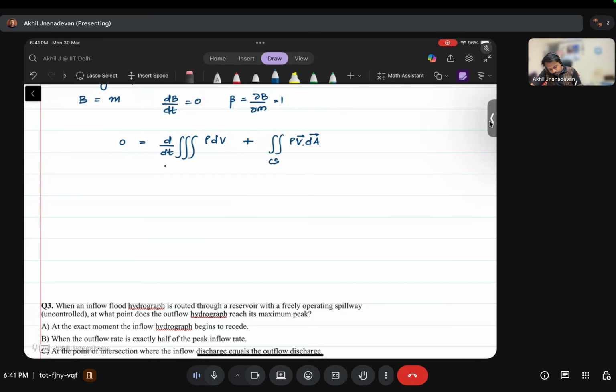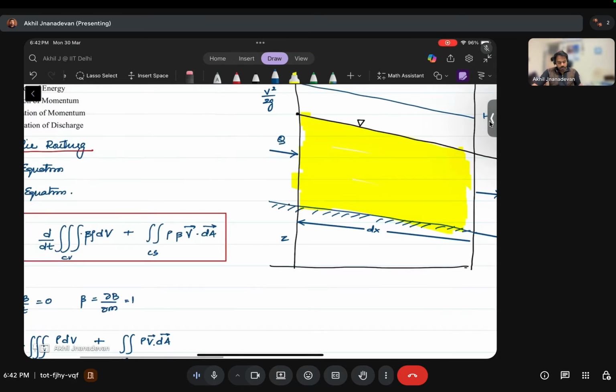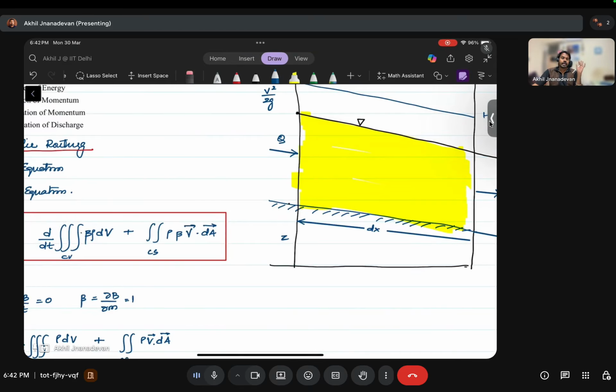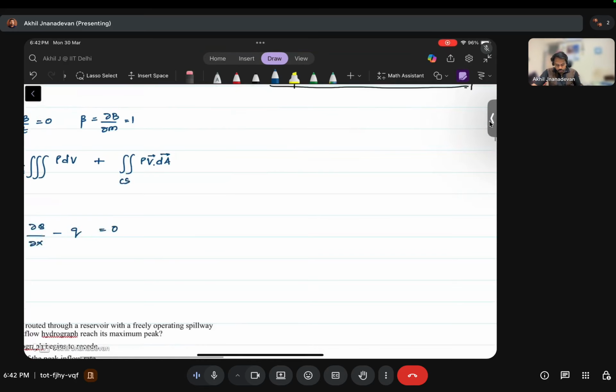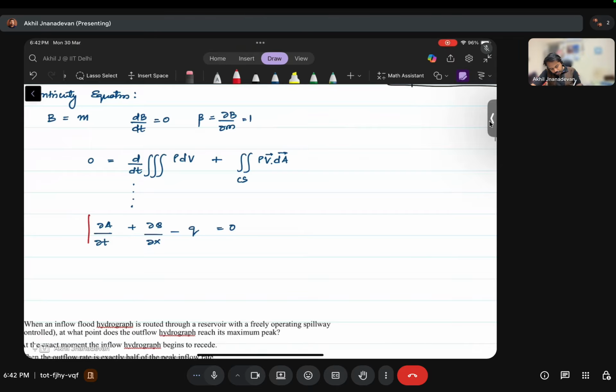After derivation, we get the final continuity equation as dou A by dou T plus dou Q by dou X minus q equal to 0, where q is the lateral inflow. It is not mentioned in this particular figure, but if we have water coming from the lateral boundaries, that is through tributaries, that can be considered through q. So this is our final continuity equation.